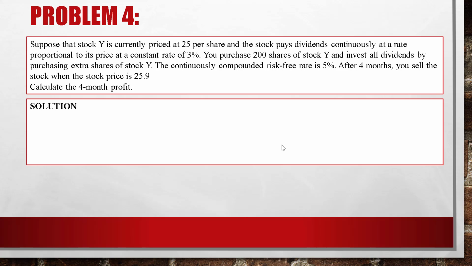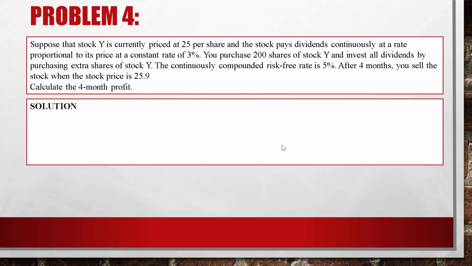Calculate the 4-month profit. So, in order to calculate the 4-month profits, you have to calculate what is the amount that you pay and what is the amount that you receive, and make sure you use them at the same time frame to do calculation.